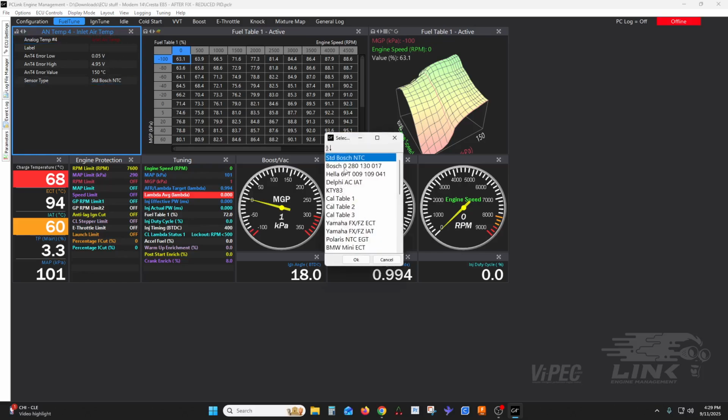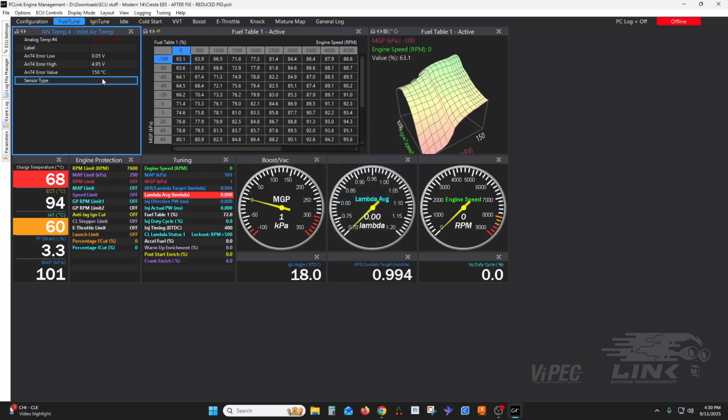Sensor type. Okay, so these are all the different ones. See how there's no SYLTECH? Okay, what we're going to do is open up a new cal table. We've got 1 to 3 and 7 to 10. In fact, I think 1 to 3 are for IAT sensors, 7 to 10 are for something else. It'll tell you in the help file up here.